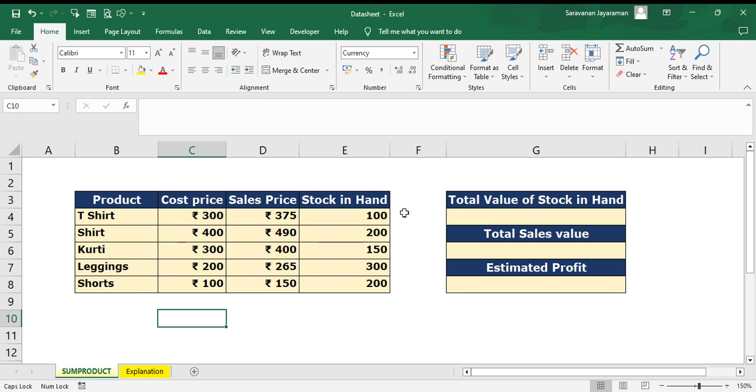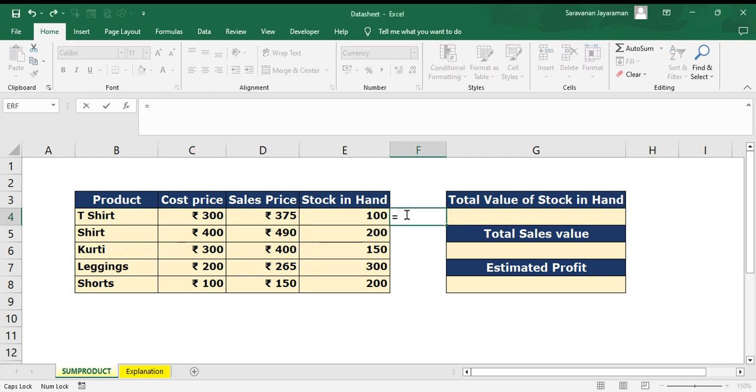But if we have to calculate individually, the longer way, we have to multiply this with the stock, and we'll copy this one.